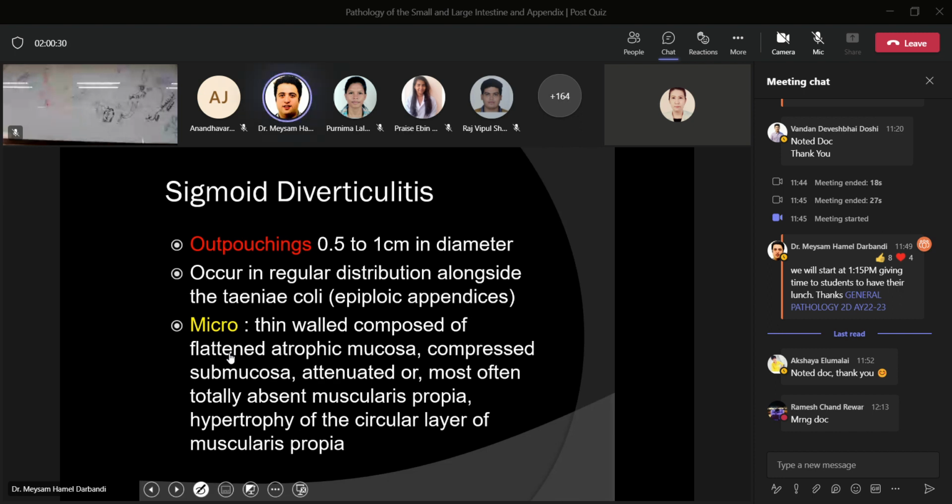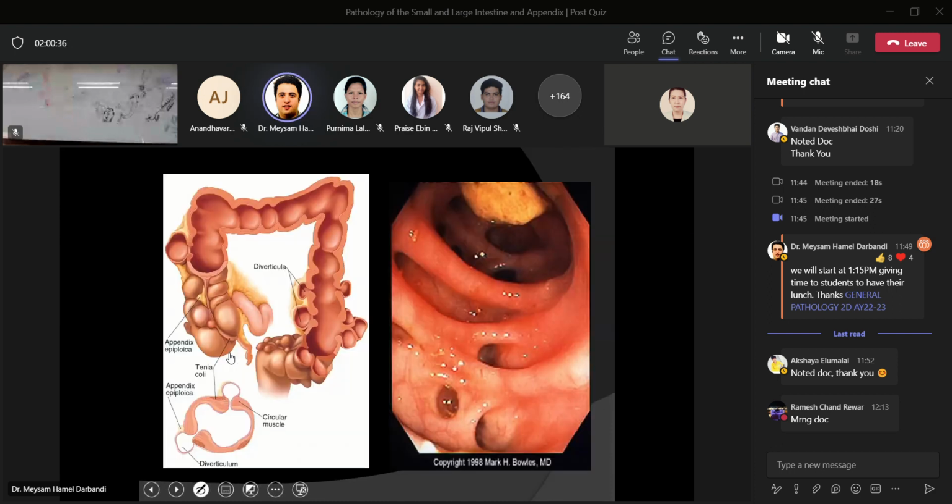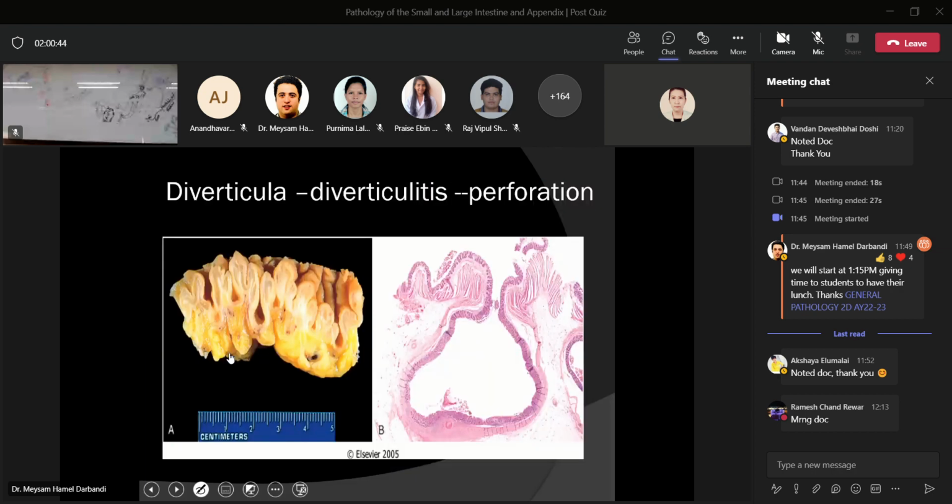Hypertrophy of the circular layer of the muscularis propria is also common. So we are seeing the diverticula, right?